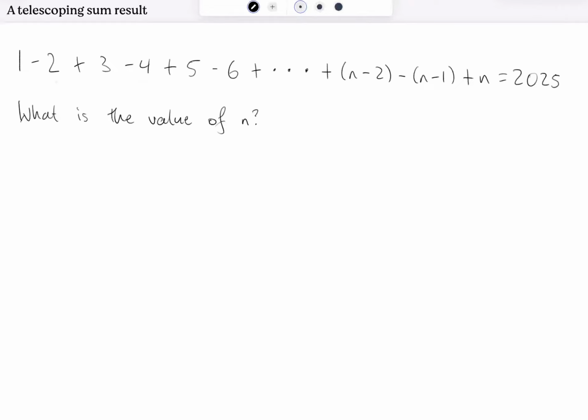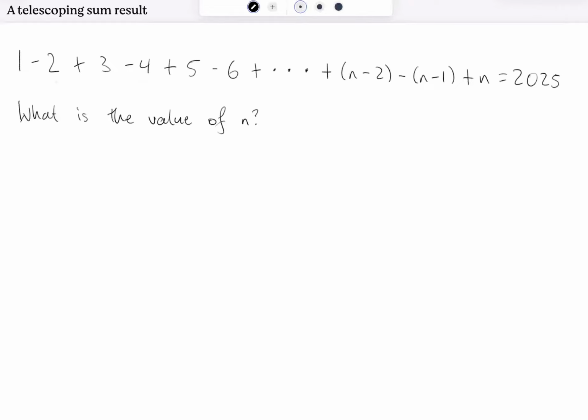What we have here is a telescoping sum. It's finite, and the equation amounts to 2025. If you look at the left-hand side, we have a pattern here. We start with the value of 1, subtract 2, add 3, subtract 4, and so on.